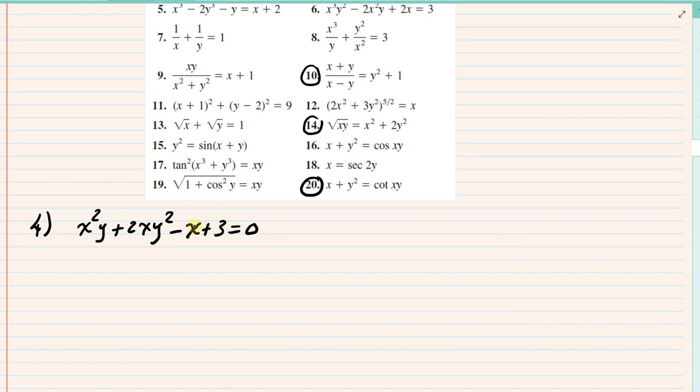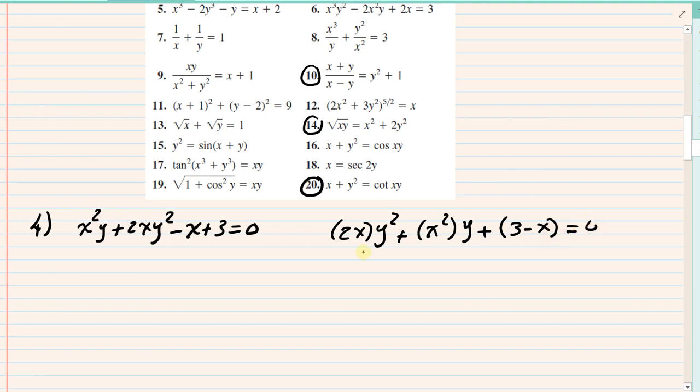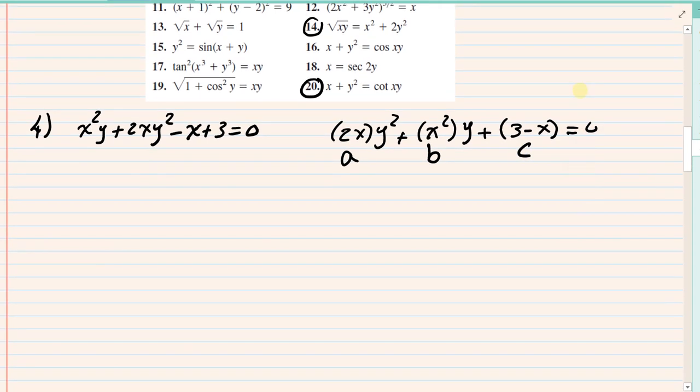Okay, so for example, just to show you real quick how I could do it by solving for y, I can write this as 2x y squared plus x squared y plus 3 minus x. What I'm doing is writing it in the form a y squared plus b y plus c, so I can use the quadratic formula with this, right?